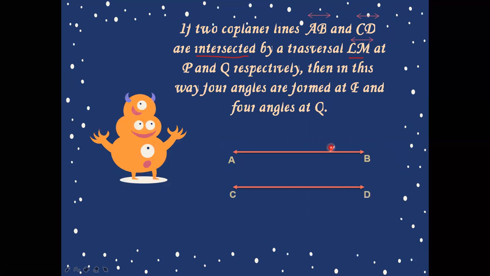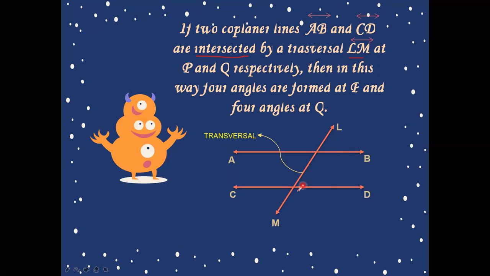These are two coplanar lines, and they are intersected by another line that we call a transversal. This line is your line LM, and we say that it is a transversal. Please keep in mind that these two are parallel lines, and the intersecting line is called a transversal in Playfair's axiom.